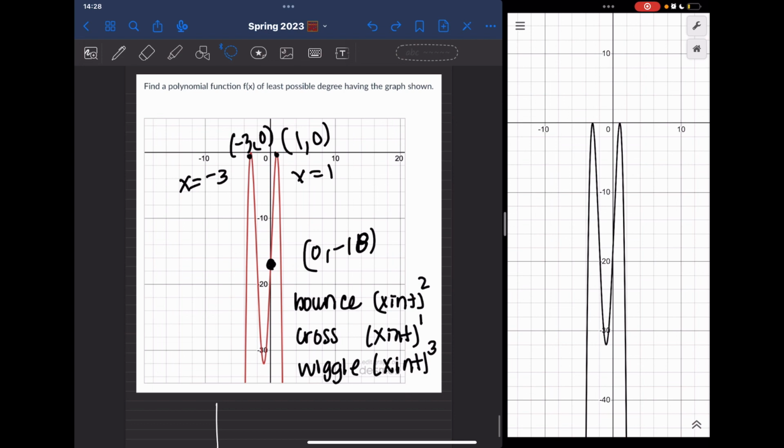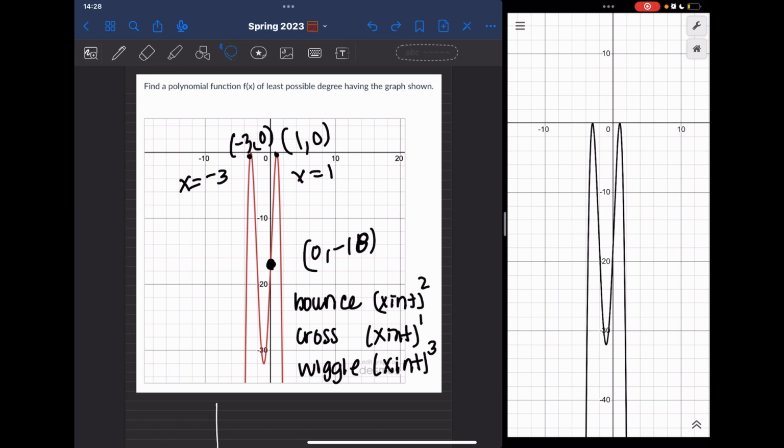It says find a polynomial function f of x of least possible degree having the graph shown. This is going to be an even upside down function, so your leading term on this is going to be negative. Now let's talk about the multiplicity.